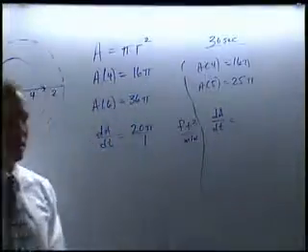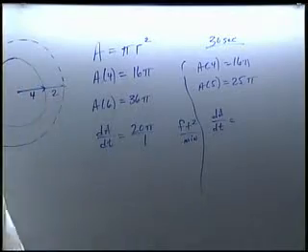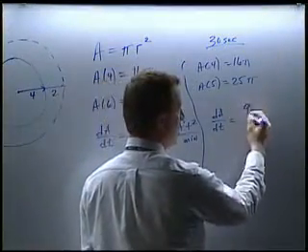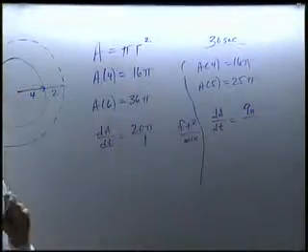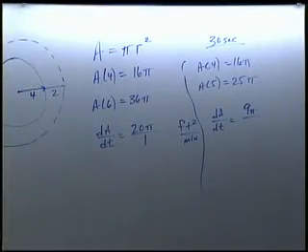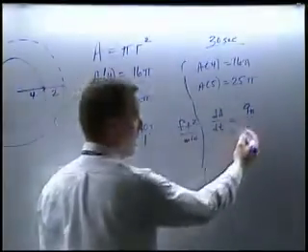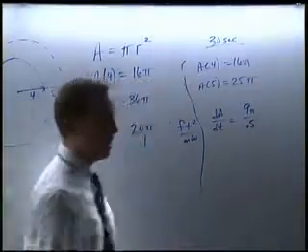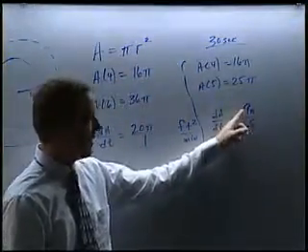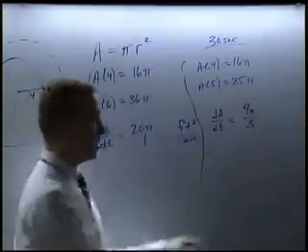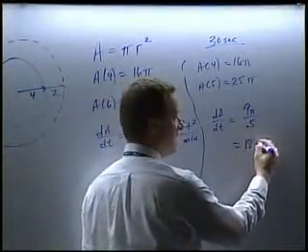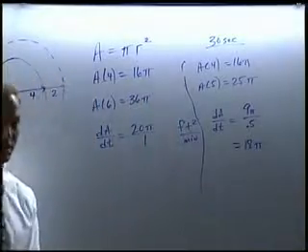Well, how much did the area change? 9 pi. And how much time elapsed? 0.5, only half of a minute, because we want to keep our label the same. We want to keep it in minutes. So 9 pi divided by 0.5. Dividing by 0.5 is the same as multiplying by 2. So the answer this time is 18 pi feet squared per minute.